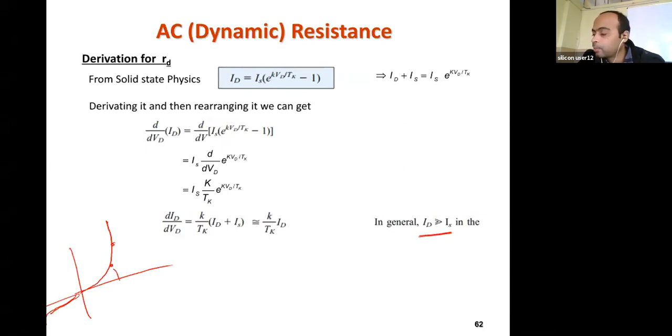That's why it is written approximately equal to. In engineering or physics, you sometimes take approximations for simplicity of calculation. Like if ID is much larger than IS, I can say ID plus IS is approximately equal to ID. So it is coming k by Tk into ID.